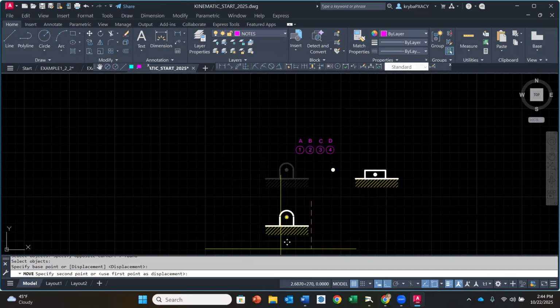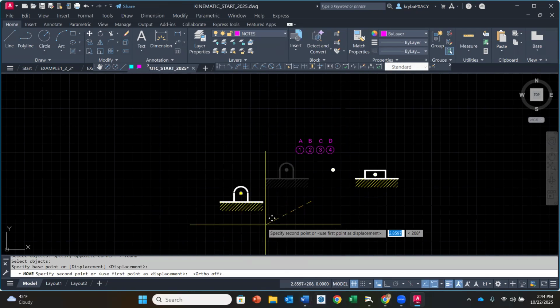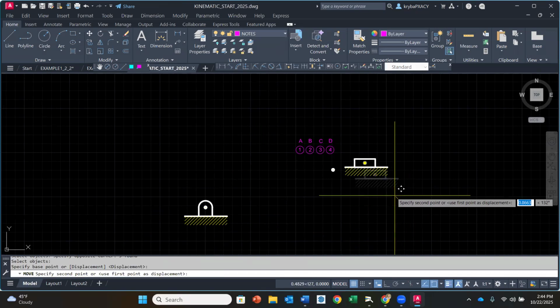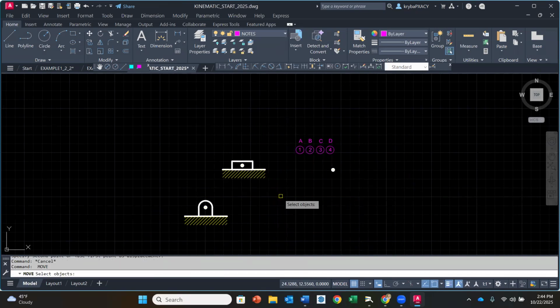Move this over and down about here. Now for this one, I'm going to move my slider. This has to be in a vertical direction. So I have to rotate this 90 degrees in order for it to be vertical. I can't leave this as a horizontal.